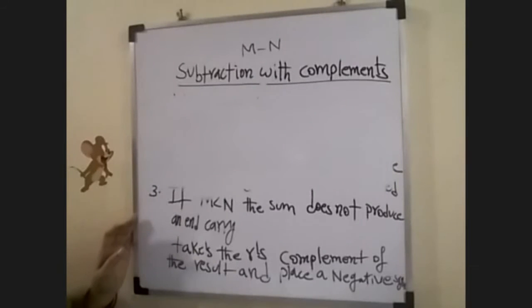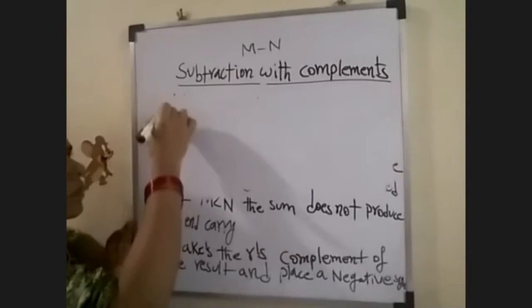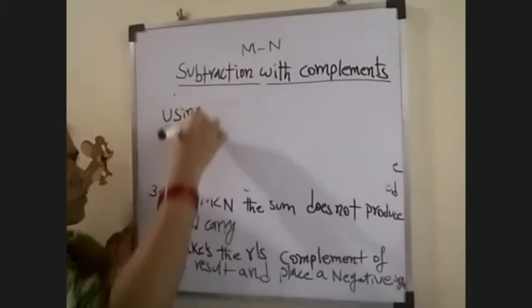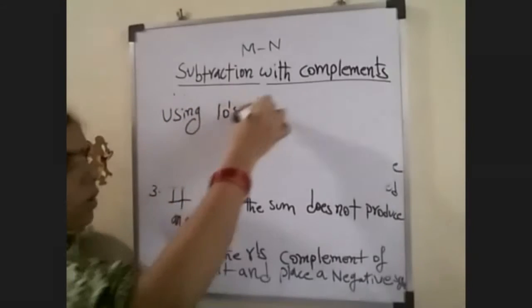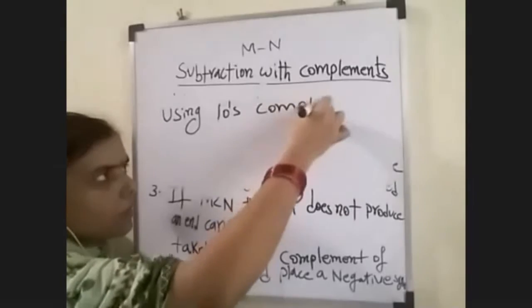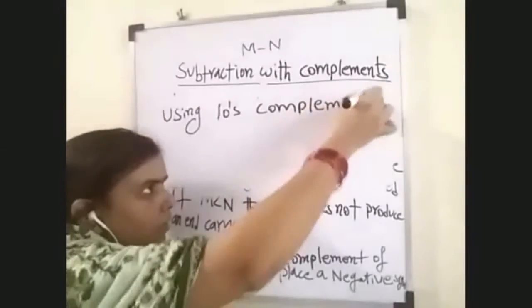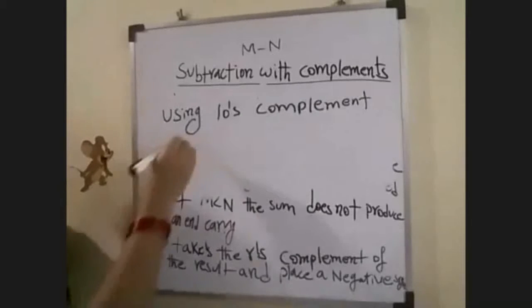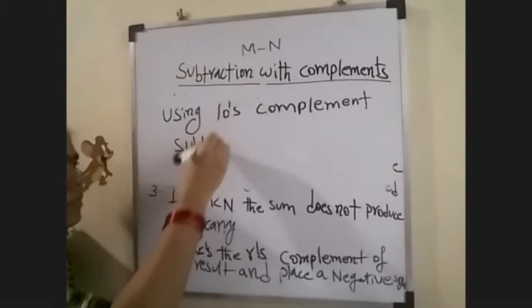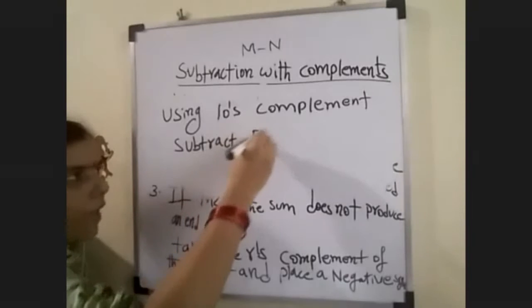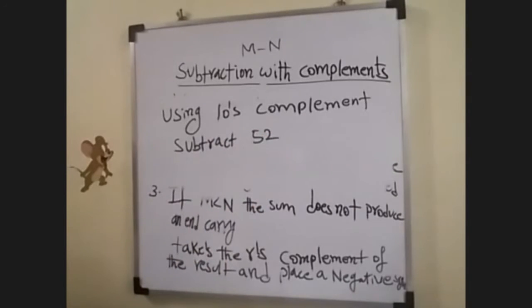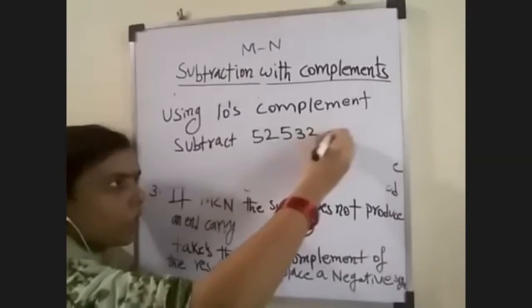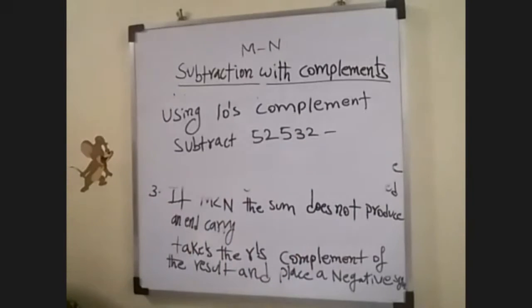Example, using tens complement. This is a very important question. Using tens complement, subtract 52532 minus 3250.